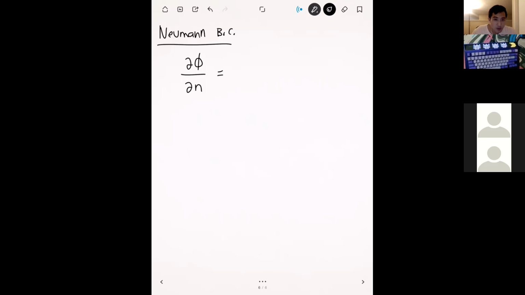Let me rewrite this in a form that'll be more useful for us when we're writing code. Normally when we have a derivative like this, we just replace it with a finite difference. So let me write that finite difference approximation.